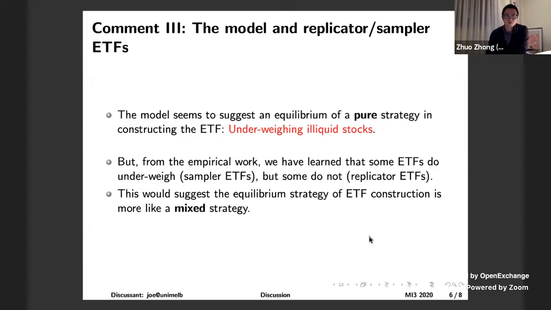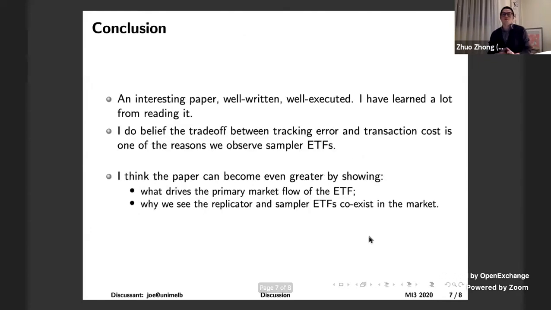Okay, so I think all in all, this is a very interesting paper, very well written, well executed. I've learned a lot from reading it. And I do believe the trade-off between the tracking error and the transaction cost is one of the reasons why we observe sampler ETFs, or why we observe ETFs underweighing some stocks.